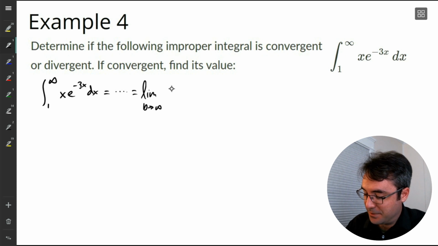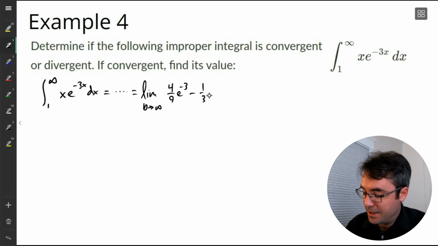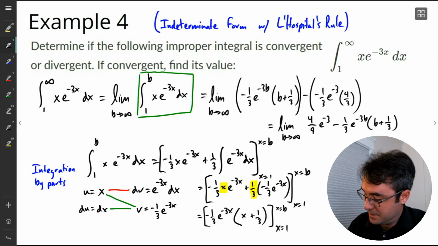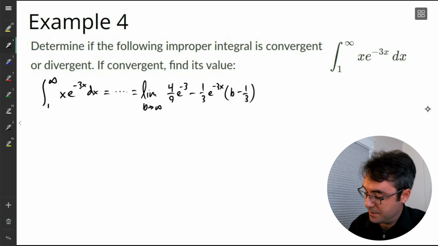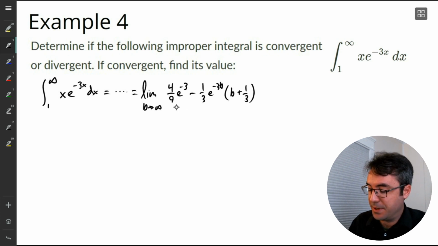And we saw that it was equal to 4/9 e to the -3 minus 1/3 e to the -3b times b plus 1/3. Let me make sure I get that right. There we go. All right. So now it comes down to doing this limit.